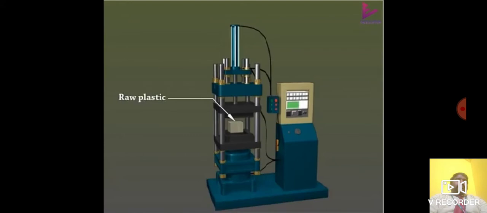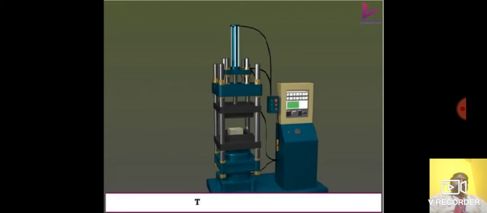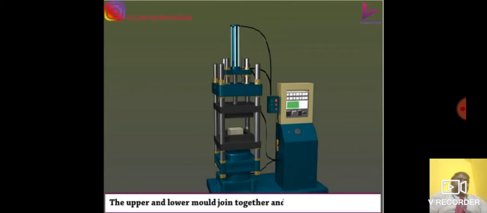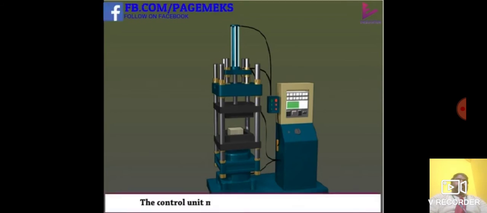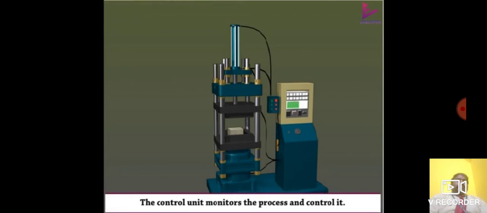Raw plastic. The lower mold is fixed. The upper and lower mold join together and form the mold cavity. The control unit monitors the process and controls it.